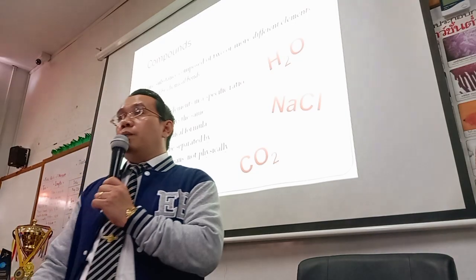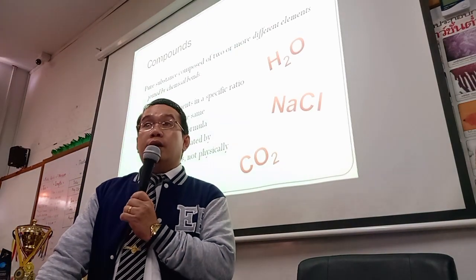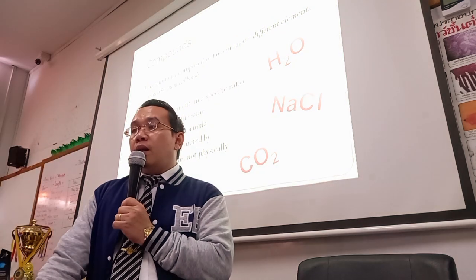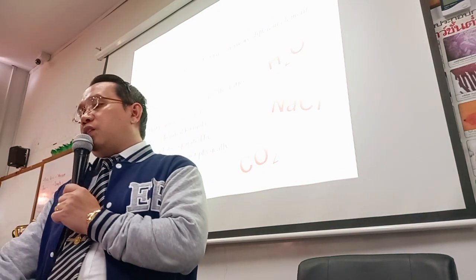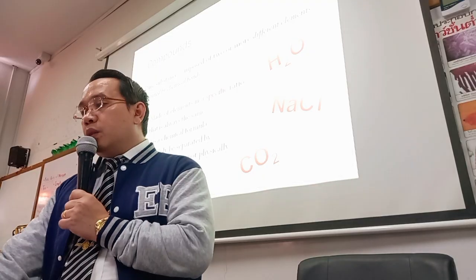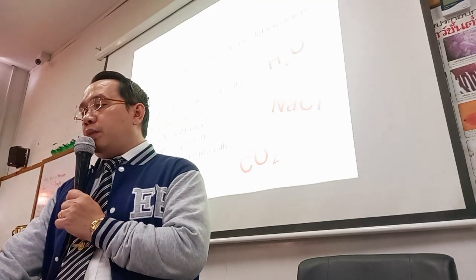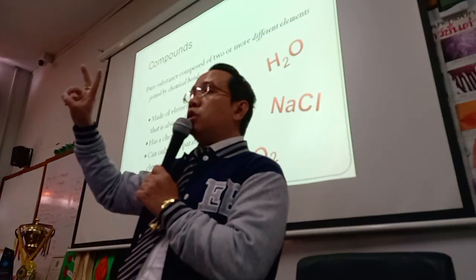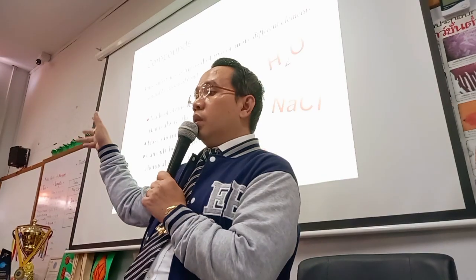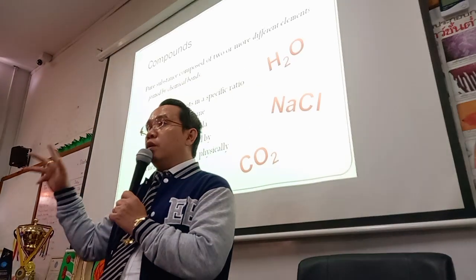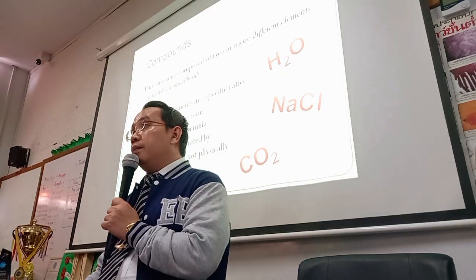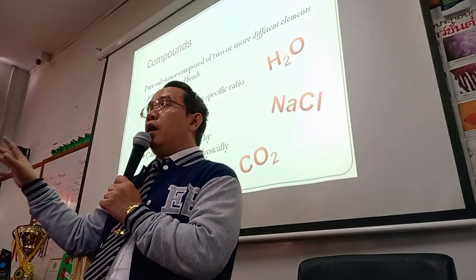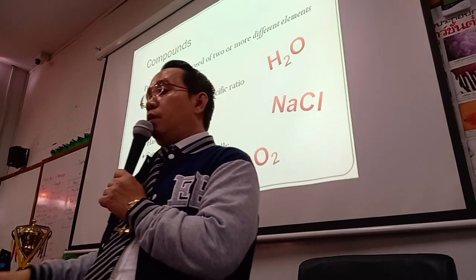A pure substance composed of two or more different elements joined by chemical bonding, in a specific ratio with a chemical formula, and only separated by chemical means. For example, H2O, water; NaCl, sodium chloride or salt; CO2, carbon dioxide. Those are basic examples of a compound.